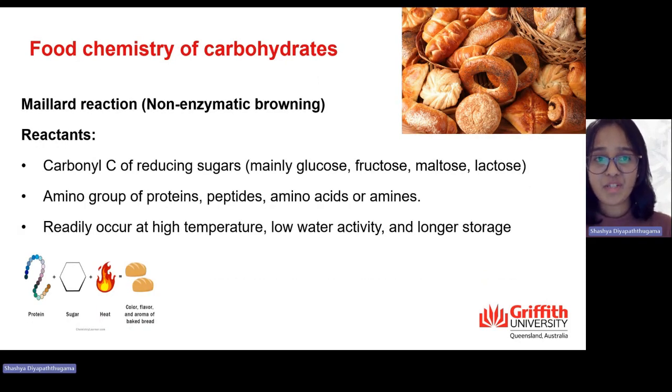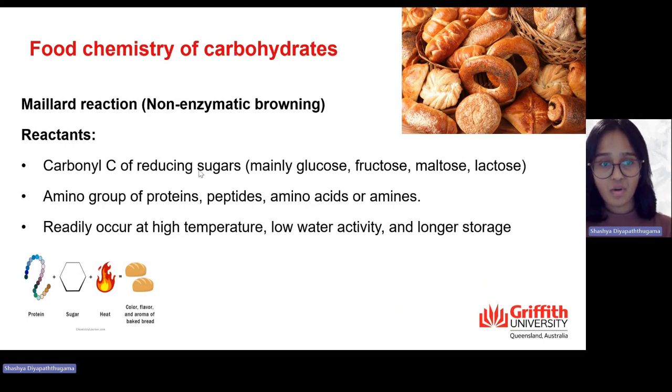The next reaction we talk about is the Maillard reaction or the Maillard browning. Whenever I say Maillard browning, what comes to your mind should be bakery products. The browning that is present in bakery products is a result of the Maillard reaction.